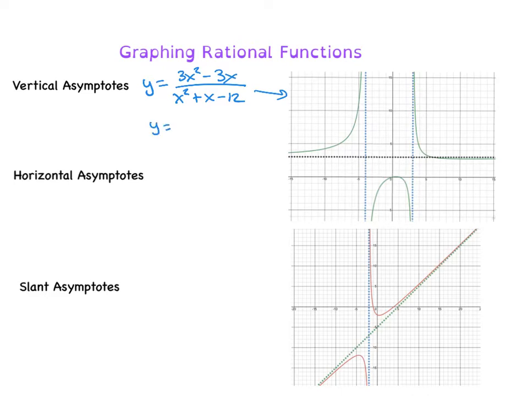So if I'm factoring my denominator, x squared plus x minus 12 factors to x plus 4 and x minus 3. Now the numerator does factor. It's less important. Take out the 3x and I'm left with an x minus 1. Less important, I'm sorry, for the asymptotes.